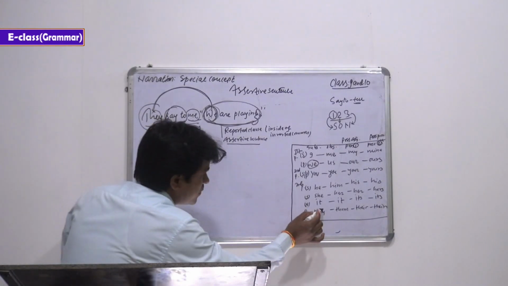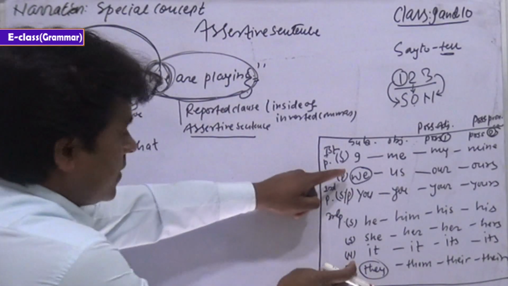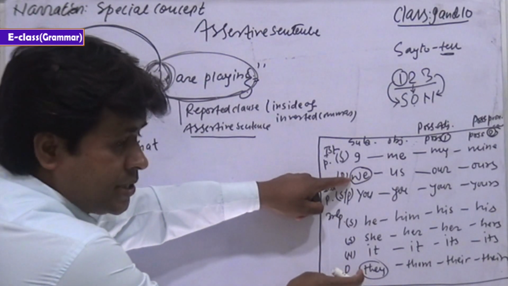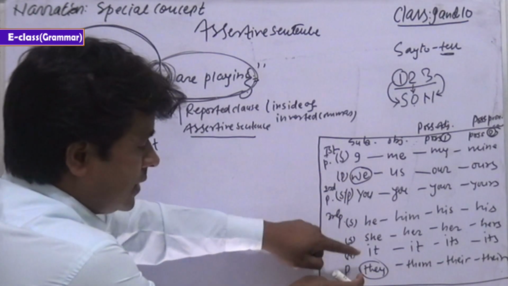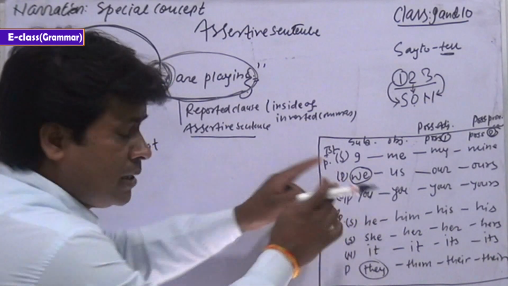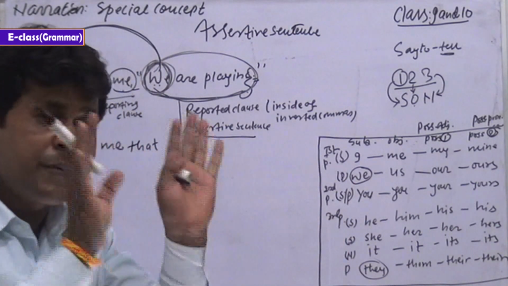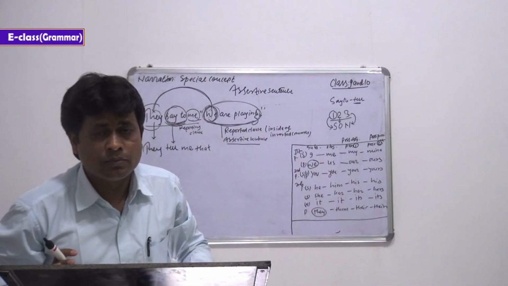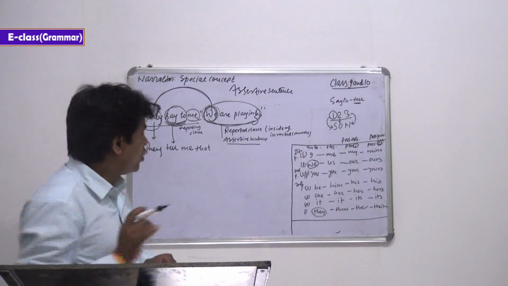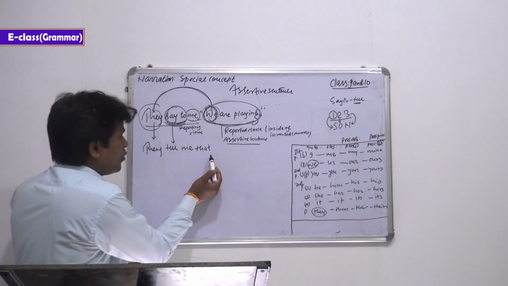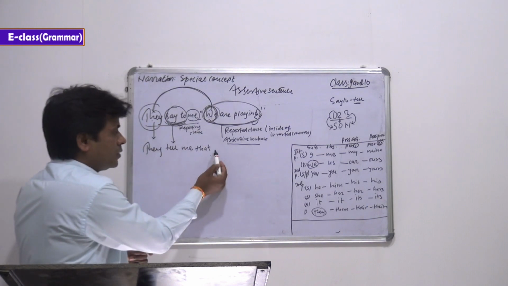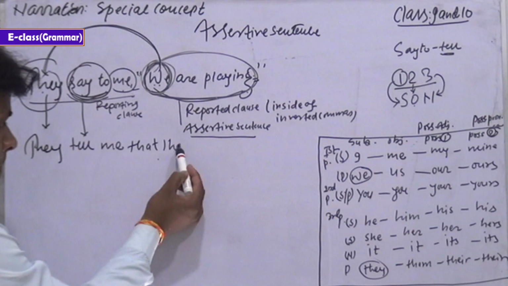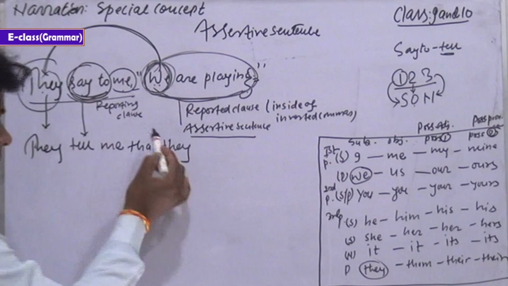Subjective case. Case matched. My dear students, we and they both are in the same case. If case is matched, the work is done. We will copy the same over here. So what's right here? They. Yes.